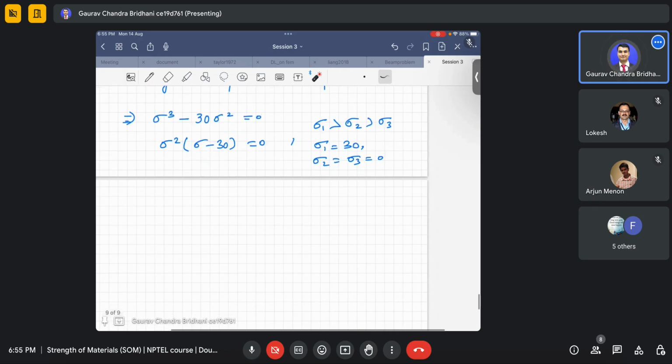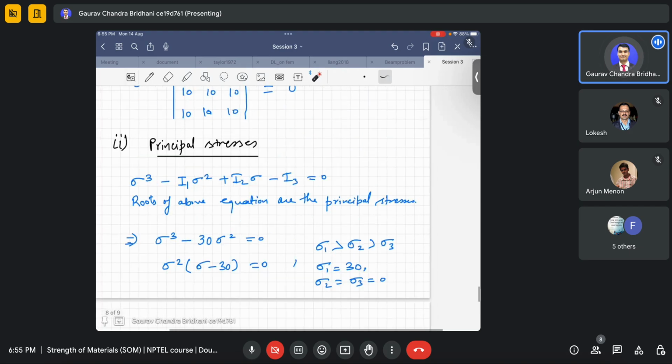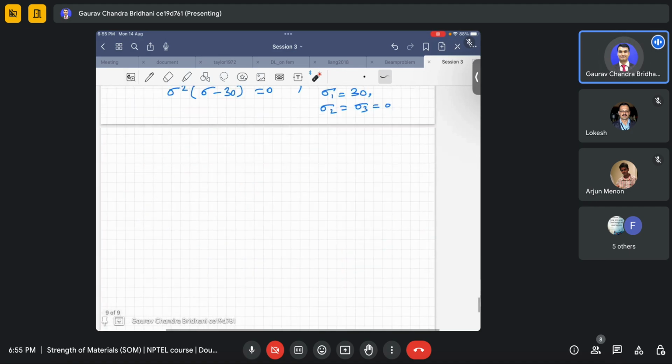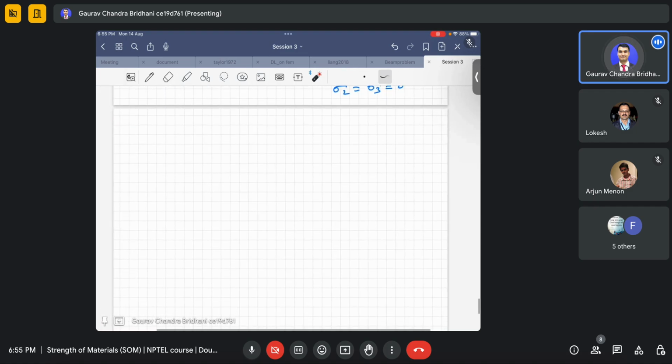Another way I'll solve is to show where this equation came from, how you wrote this equation, the genesis of how it came. So we'll see how we find the principal stresses if you are not finding the principal stress invariants.